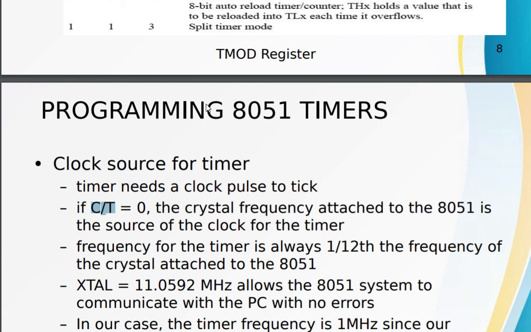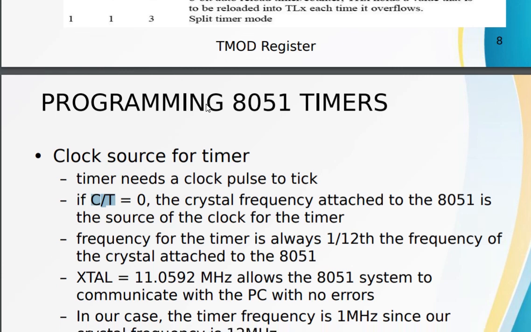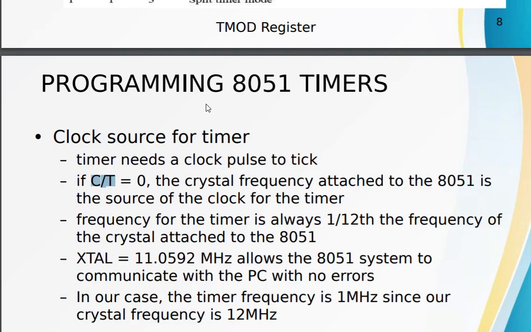Why 1/12 is done internally is due to the different circuits present in the clock. Every program, whether in a computer or any other microcontroller, runs through a clock pulse.